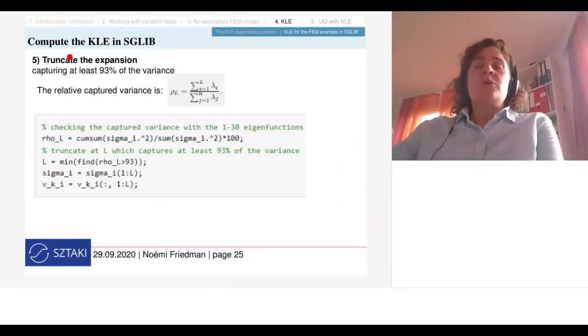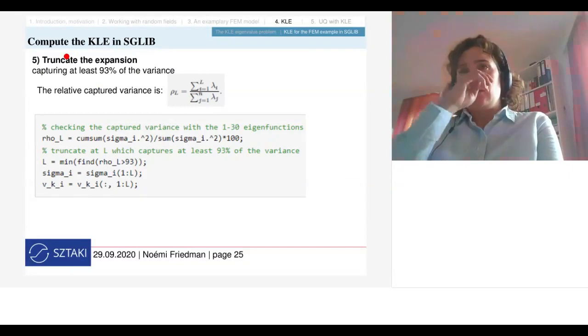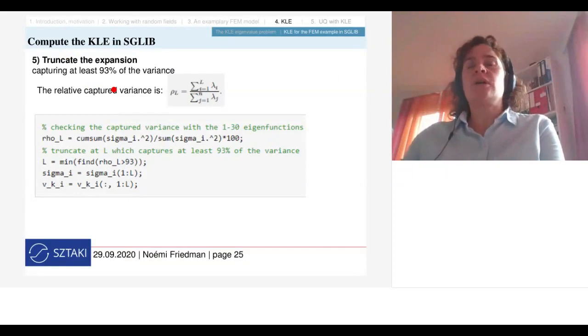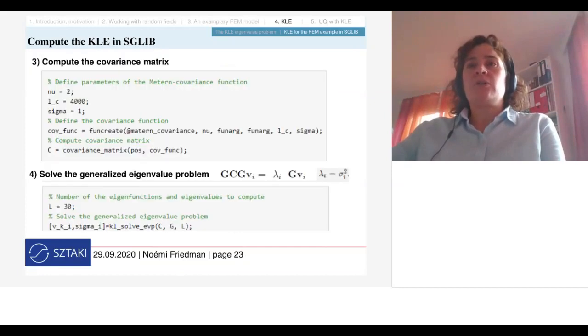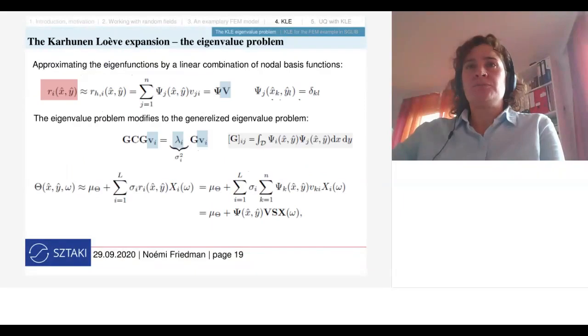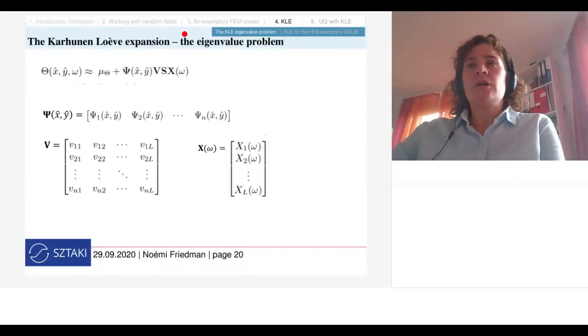Now, I computed as many eigenfunctions as I had spatial nodes, but I don't want to use 192 spatial basis functions. Let me show you this equation here. As many basis functions as I have, that many random variables I will have.